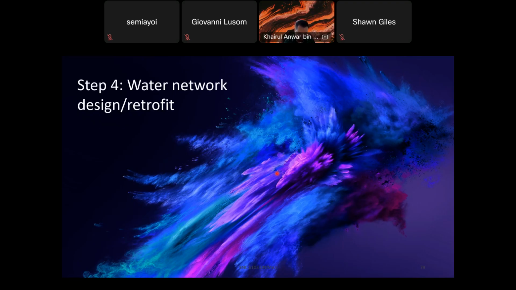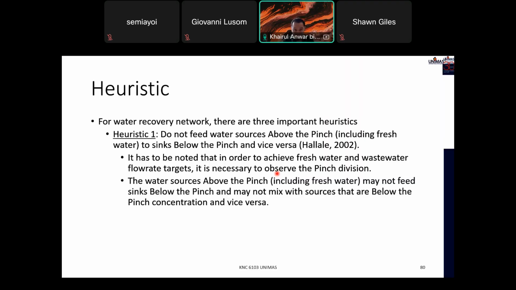If you want to know more, the book is not enough. You need to refer to the actual paper that they refer to in order to understand how the design and the retrofit work.